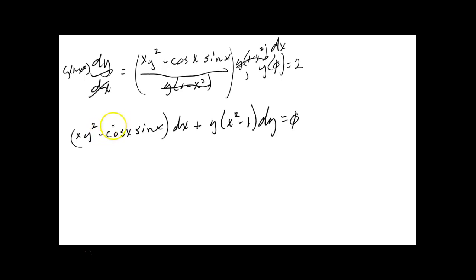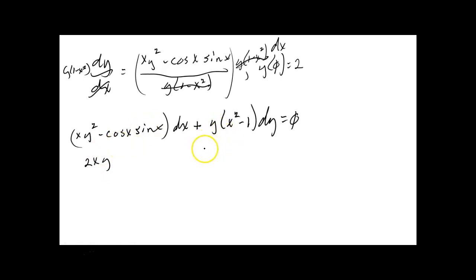Okay? So what we do is take the partial of the left-hand side with respect to y, the first term by dy. So the partial of this with respect to y is 2xy, because the partial with respect to y of the x terms are nothing.